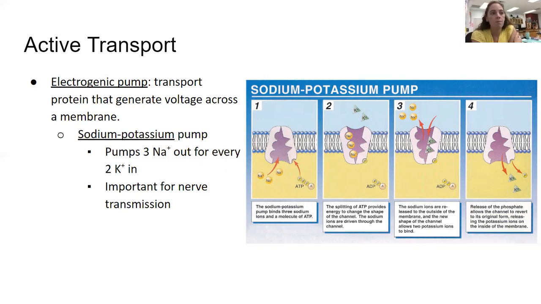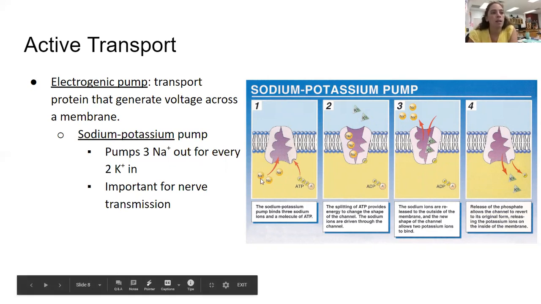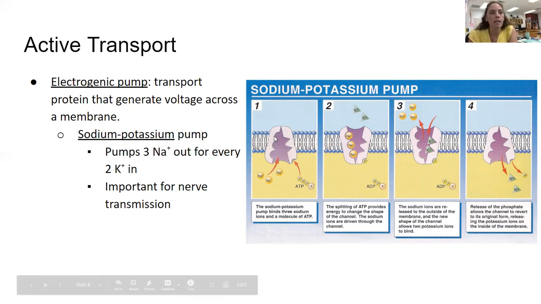With this one, initially the protein is going to bind 3 sodium molecules, and it also needs energy from ATP. That energy is transferred through the transfer of a phosphate. With that change, our protein changes shape, releasing the sodium out and bringing in 2 potassium ions into the cell.